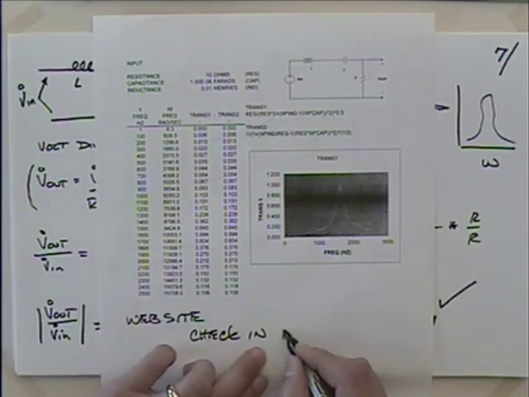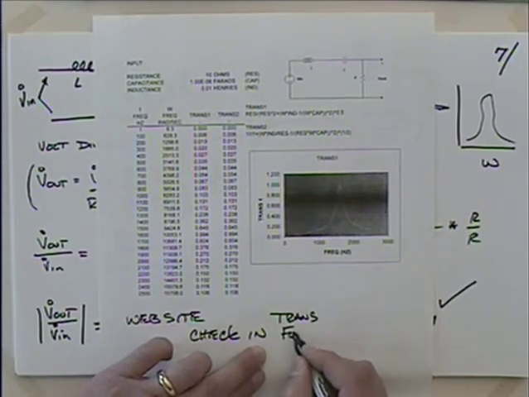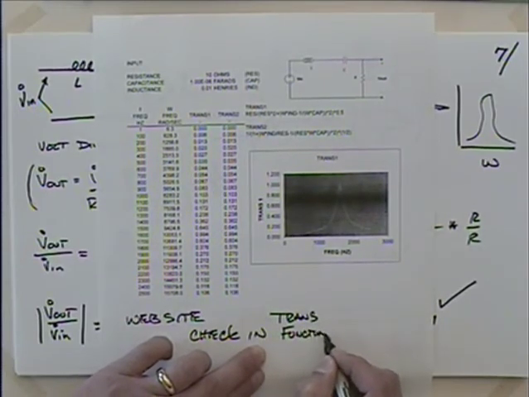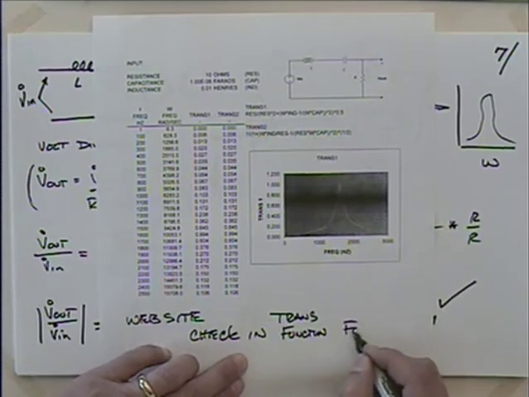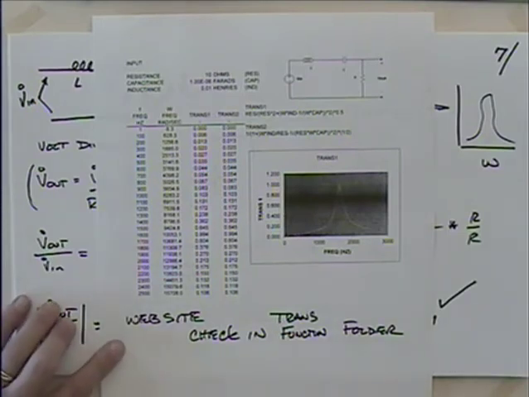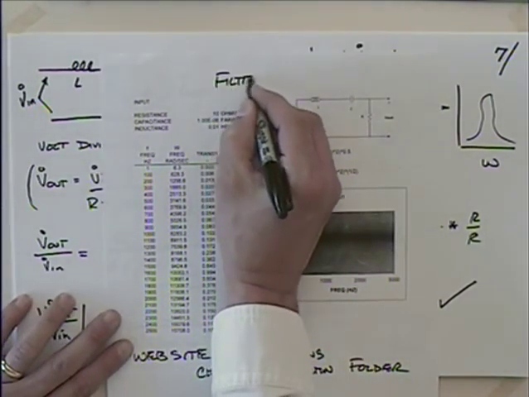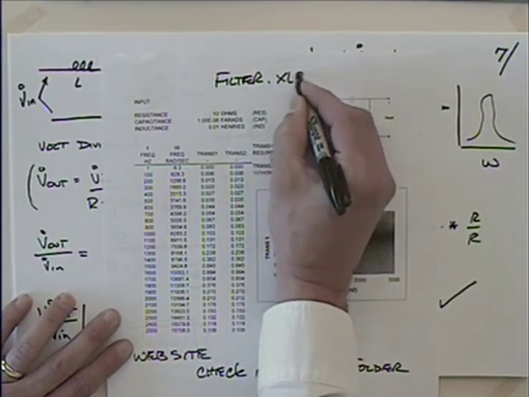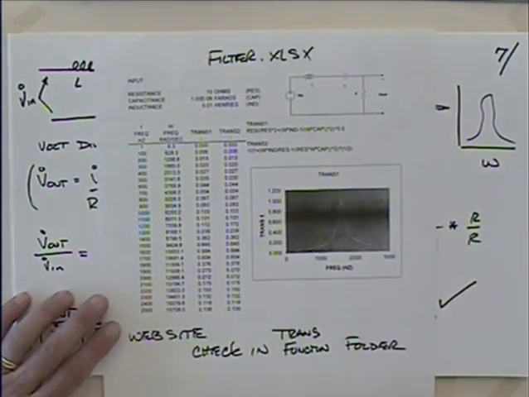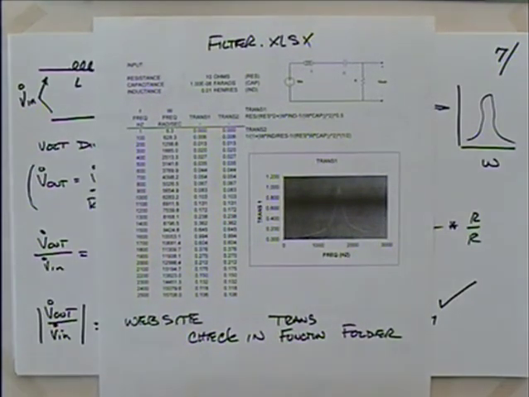There's a transfer function folder, a folder at the bottom of the 203 page, that has transfer functions in it. And this is actually just an Excel file. The name on this would be filter.xlsx. There are several MATLAB files in there. This is one of the few Excel ones.